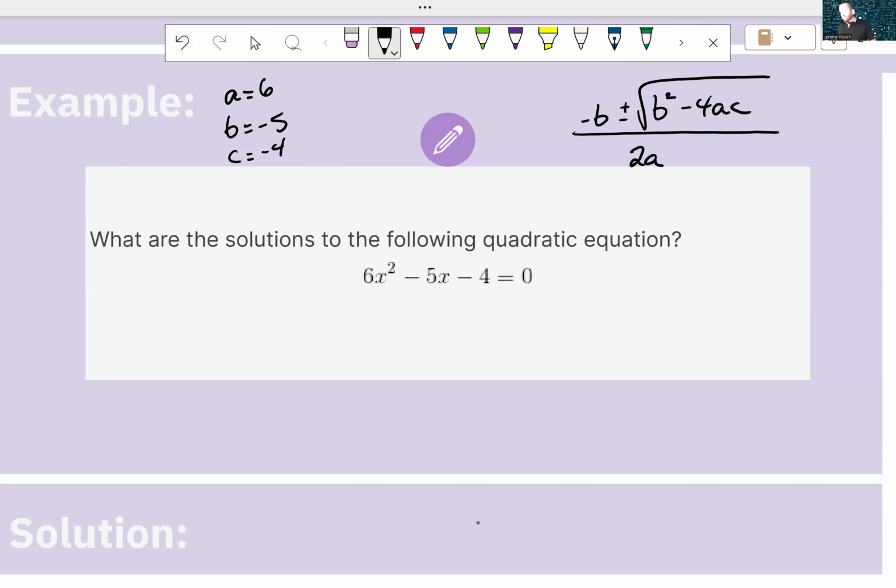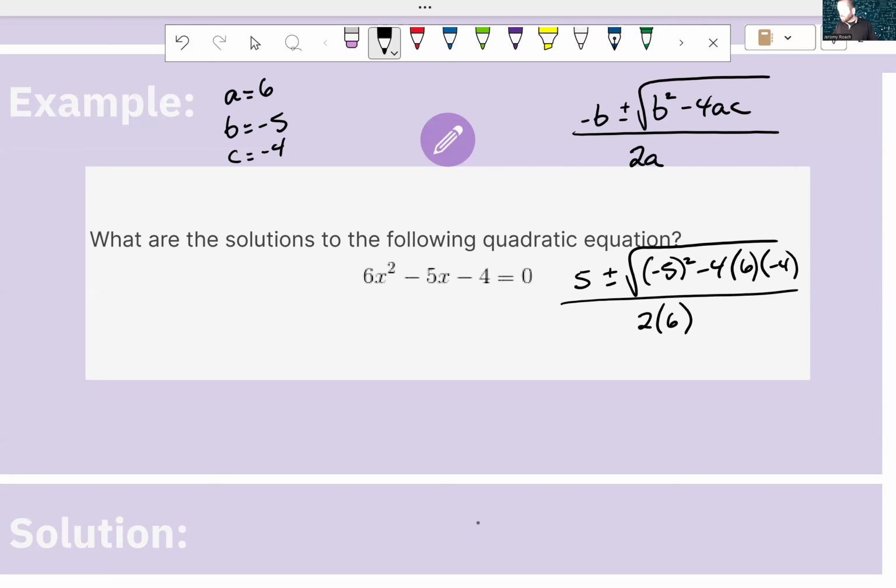So minus b is -5, so that's +5, plus or minus the square root of b squared, which is (-5) squared, minus 4 times 6 times -4, all divided by 2 times 6.